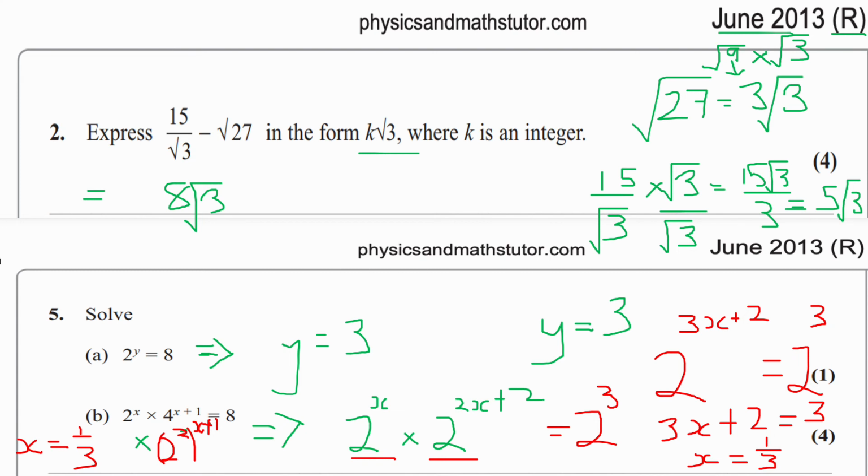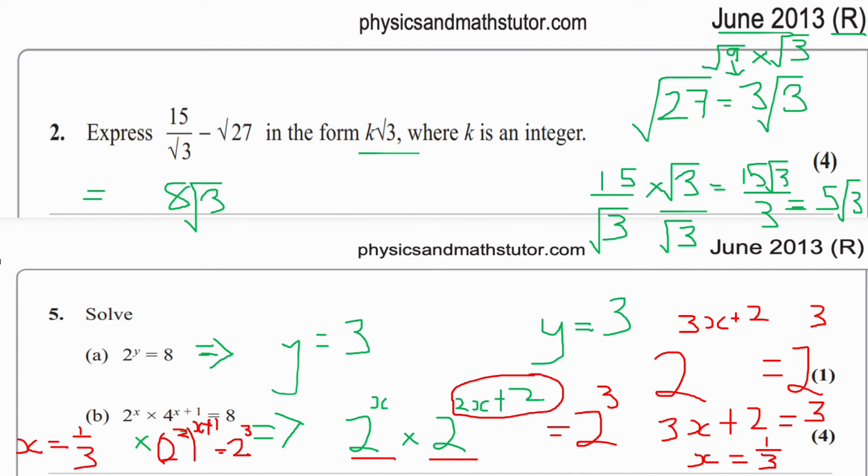So I've written everything as a power of 2 here. 8 is written as 2 cubed, or 2 to the power of 3. 4 is written as 2 squared. Remember that I use the rules of indices here. A power raised to a power, I multiply these. So I'm going to have 2 lots of x plus 1. If I expand that, I get 2x plus 2, which gives me this part here.